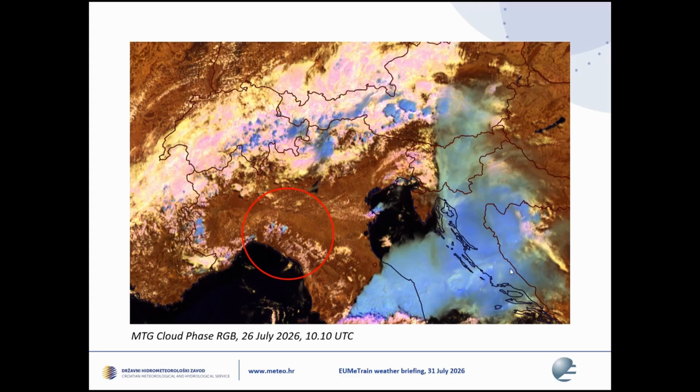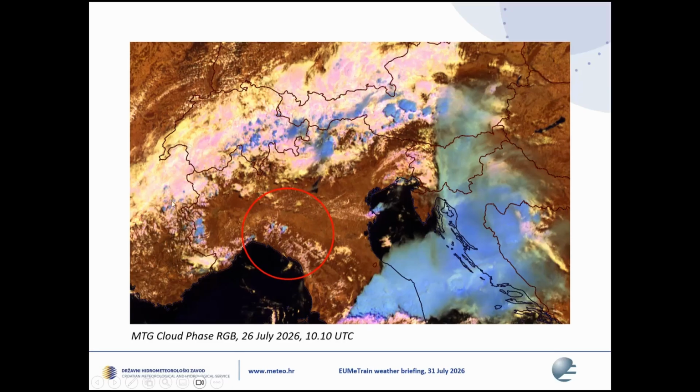This product, cloud phase, is very useful for monitoring cloud development, especially convective clouds. First, what we can see on the satellite image are these small pinkish dots. They indicate liquid water clouds with relatively large droplets.